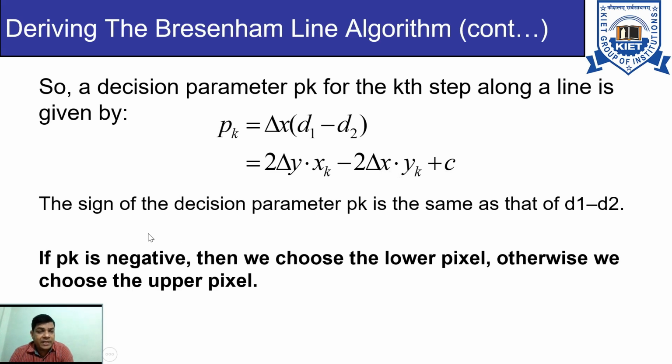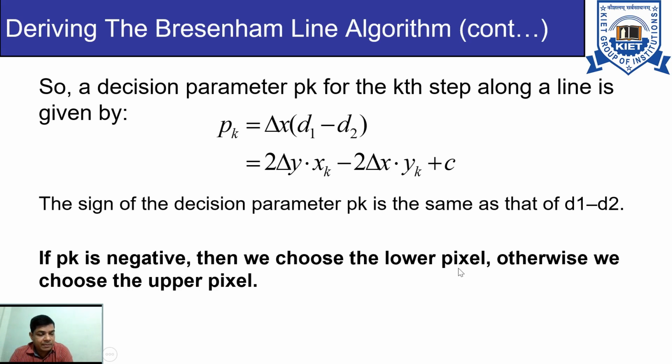Now we are checking the sign of pk. The sign of the decision parameter pk is the same as that of d1 minus d2. So here we are taking a decision. If the value of pk is negative, then we choose the lower pixel.